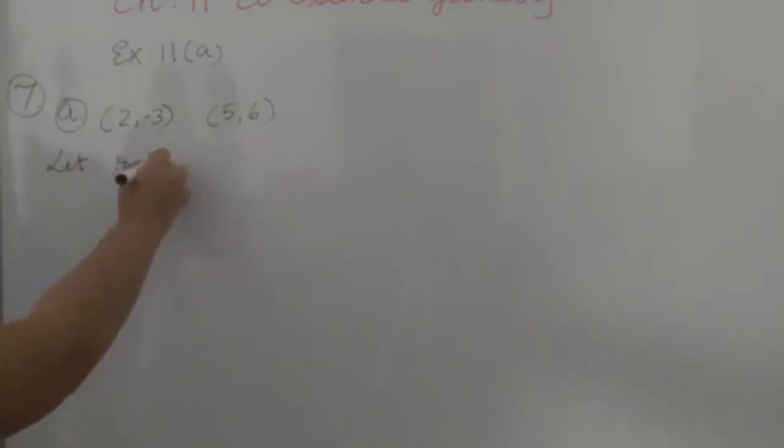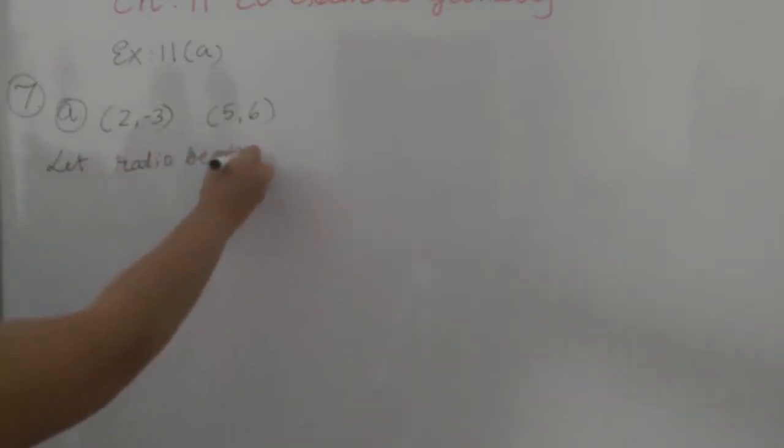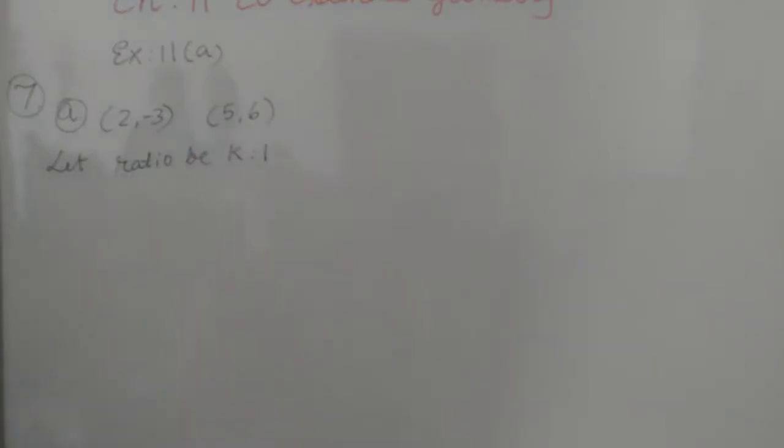First, let the ratio be k:1. We want to find the ratio here, so we are supposing k:1. You can suppose m:n or m1:m2, it is fine. Different publication books give different methods.